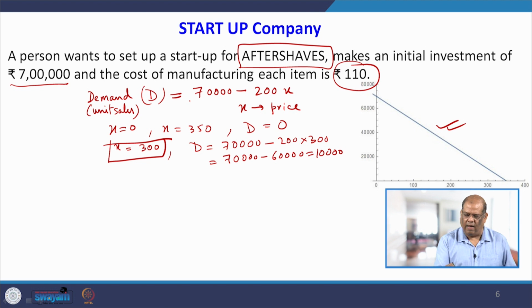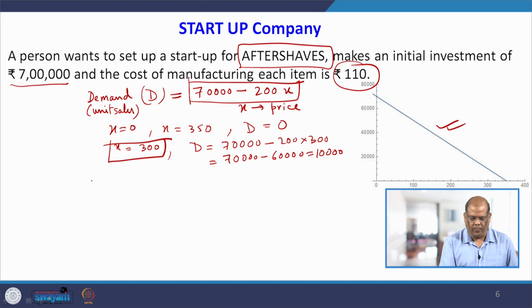So, this is some demand function, the number of units needs to be made. So, unit sale, that is x.